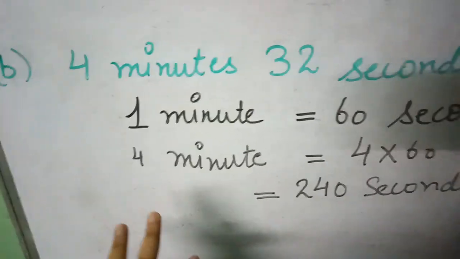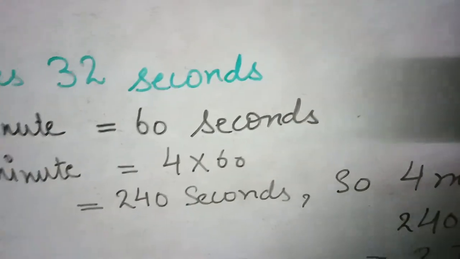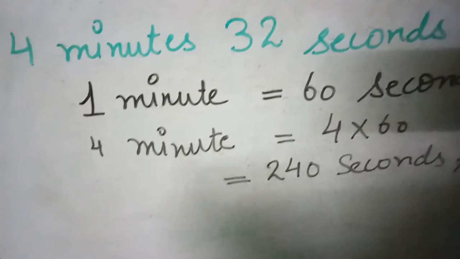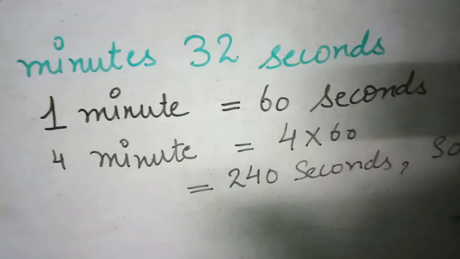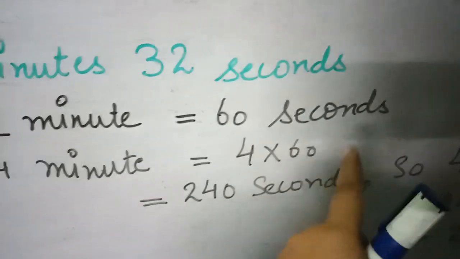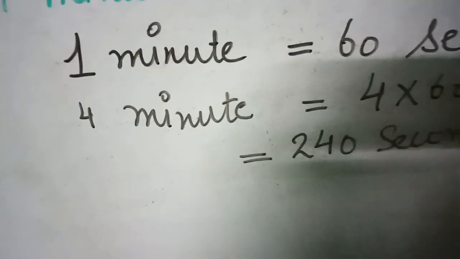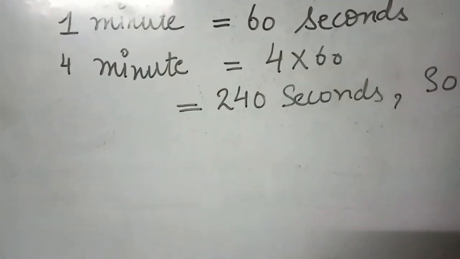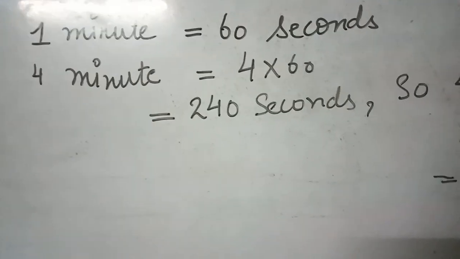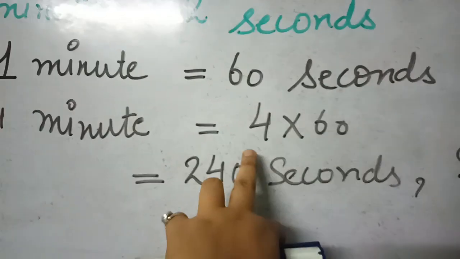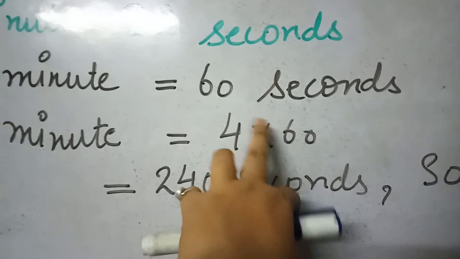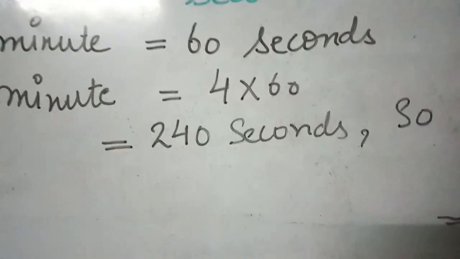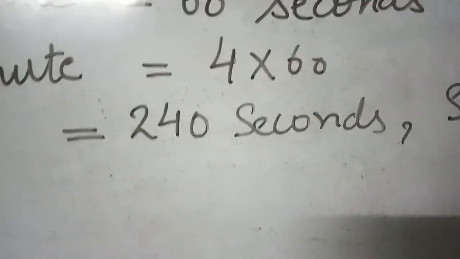So 1 minute equal to 60 seconds. Just earlier I have said these words, right? How many seconds are there in 1 minute? 60 seconds, right? So in 4 minutes, now we are going to convert it into seconds. We will take 4 minutes here and seconds here. So 4 multiply 60 is converted into 240 seconds.